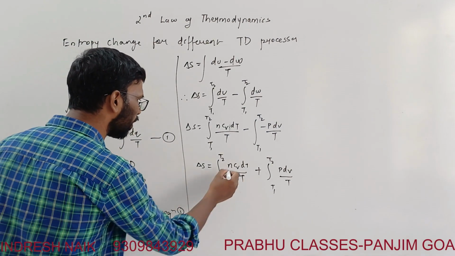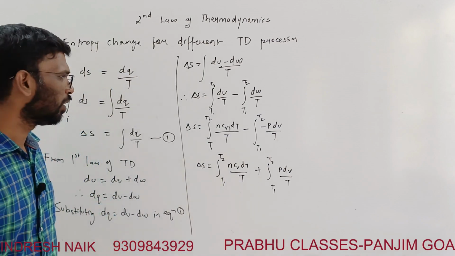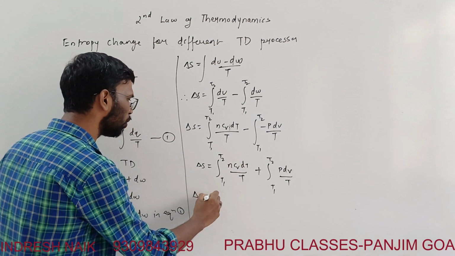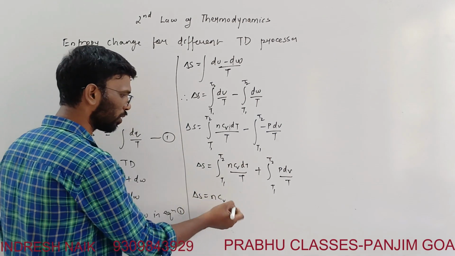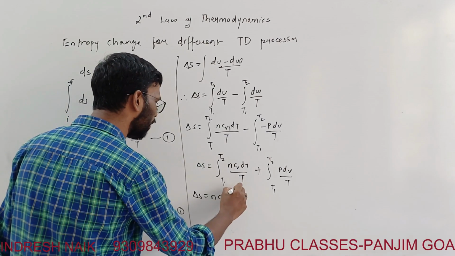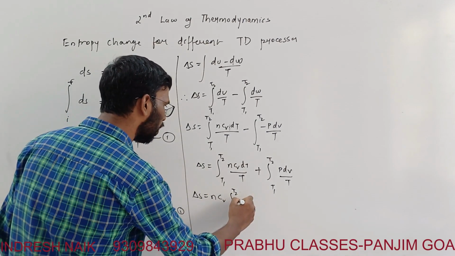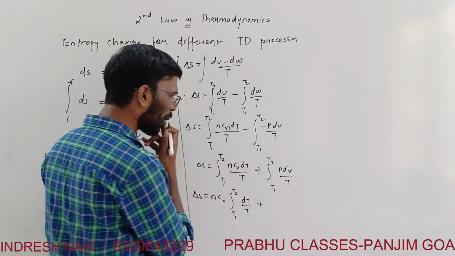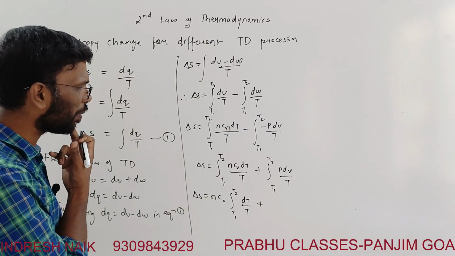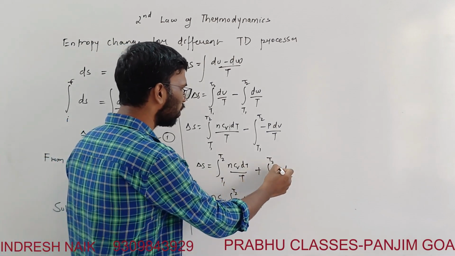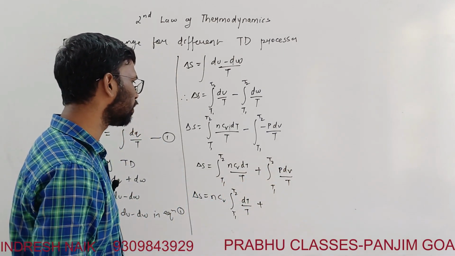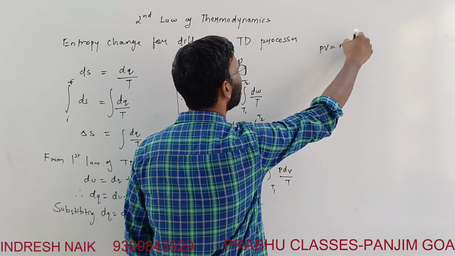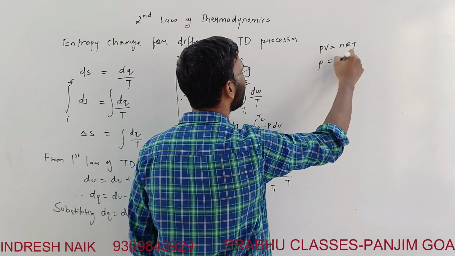So if I solve this further, the number of moles and heat capacity at constant volume are constant, so delta S is equal to, I'll take these common constants outside. What I will integrate is T1 to T2 dT by T, and here temperature is constant, right? So I want to integrate. What is PV equal to? From the ideal gas equation, PV is equal to nRT. So therefore P is equal to nRT by V, right?